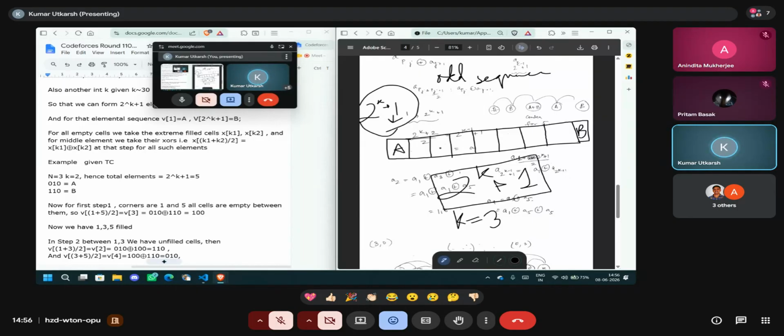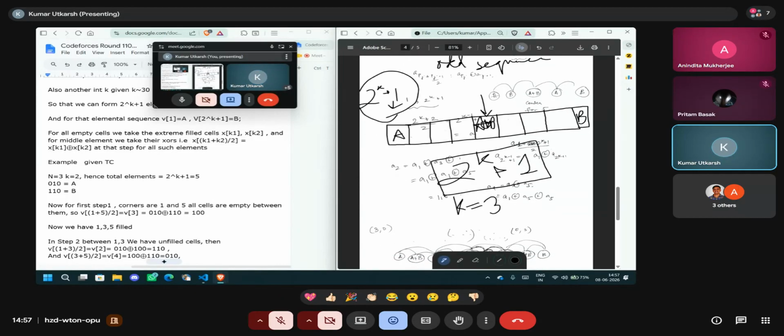Then the question says, for all the empty cells in between A and B, take the middle one, that is the index of A and index of B added up and halved, and at this index place the XOR of A and B, that is the XOR sum of A and B.